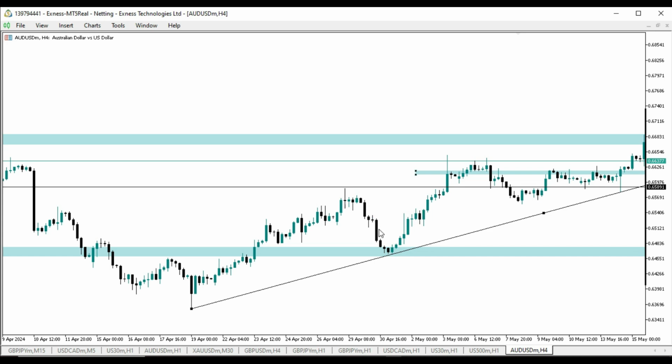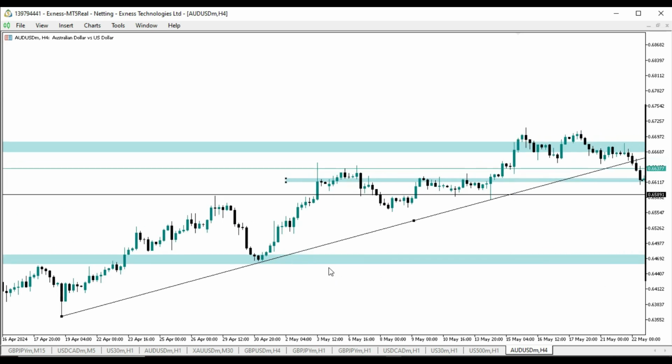We had this strong selling pressure, another strong selling pressure here, here. But when it was getting to this zone, you can see that the selling pressures were reducing.